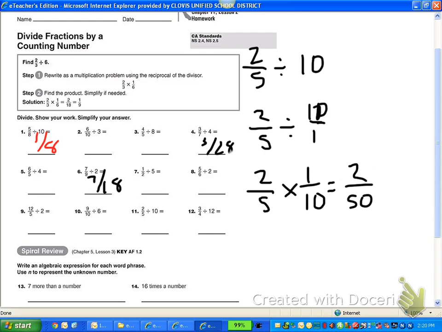Of course, that can be reduced. 2 divided by 2 is 1. 50 divided by 2 is 25. So for number 11, you'll get 1/25. So that's all for lesson 1 and 2, and we'll see you at lesson 3 and 4.